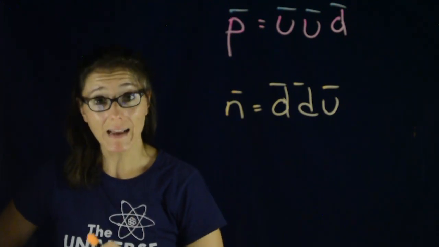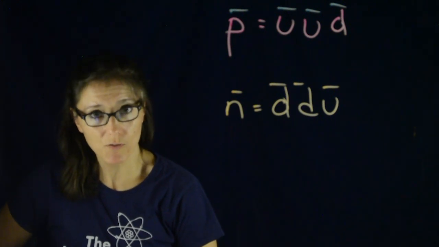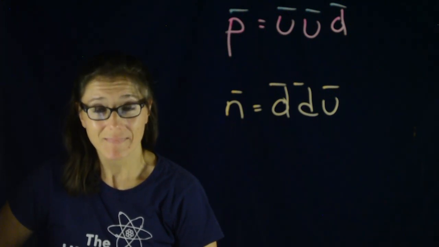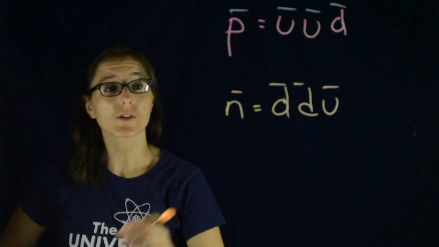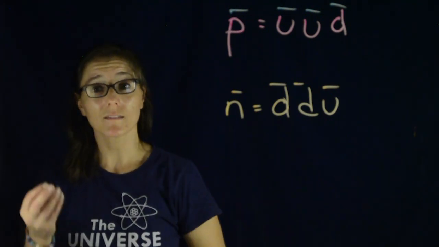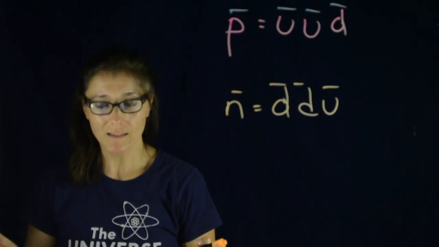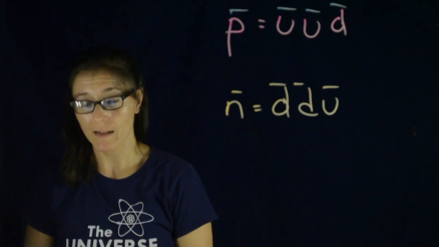It has the exact same mass as a neutron and is in fact still neutral. But fundamentally, the makeup of the charge is different. It's made out of different particles. And so it is in fact an antineutron, not just another neutron. And that's one of the important things about antimatter.